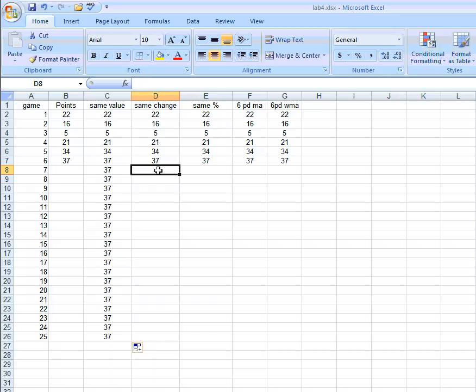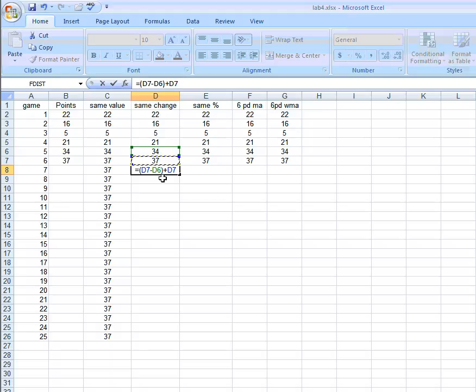The next easiest one is same change. Have the exact same change from one period to the next period. So this is going to equal the change, which is parentheses the most recent minus the one before that. Then we have to add to that the most recent. So the D7 minus D6 is how much it changed last time.